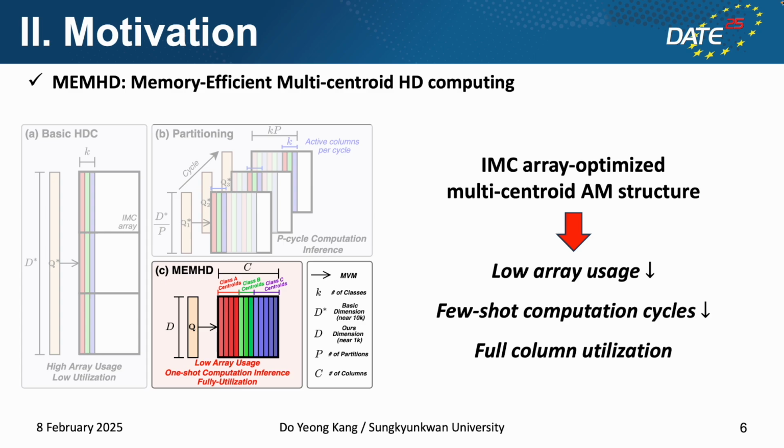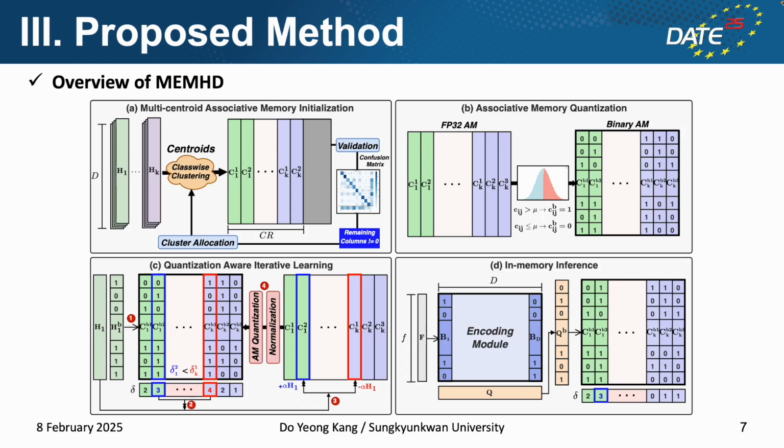This multi-centroid strategy not only dramatically reduces the dimensionality of the hypervectors, but also ensures full utilization of the IMC array columns, cutting down both the number of arrays and the required computation cycles. To create an associative memory optimized for IMC arrays, we propose 4 key processes. It will be detailed later.